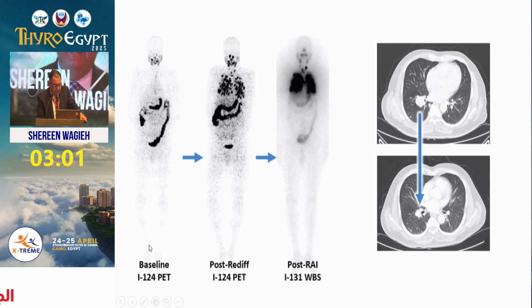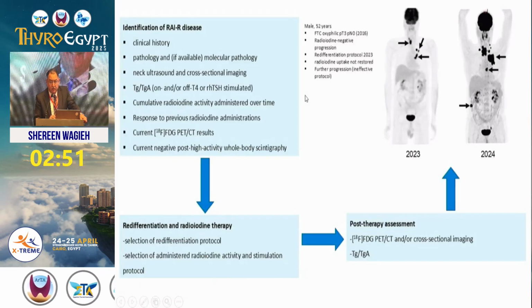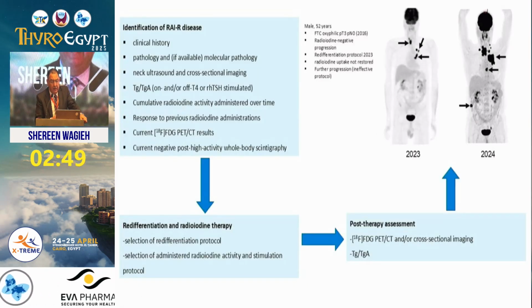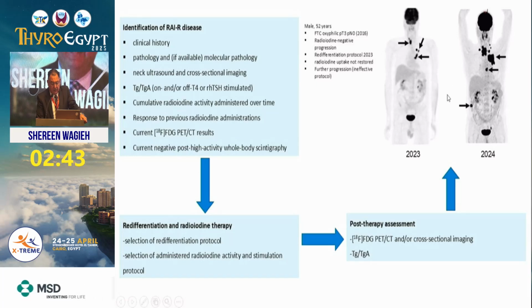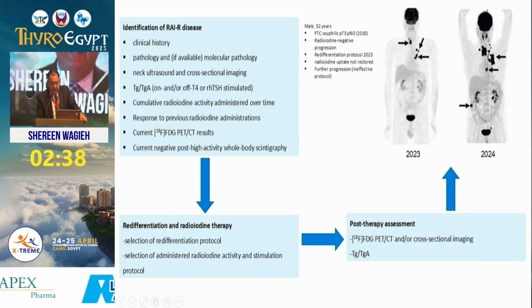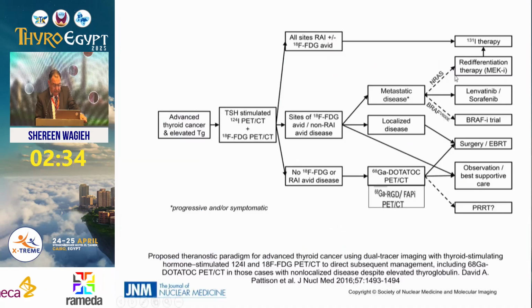Another patient with a baseline iodine whole body scan that was completely negative, and post redifferentiation therapy there is uptake in bilateral pulmonary deposits, with more intense tracer uptake on giving therapy. But this redifferentiation therapy is not always successful. The success rate ranges from 30% to 60%. This particular patient received redifferentiation therapy, but unfortunately there is an increase in the size of the lesion and intense tracer uptake in FDG, with the radioactive iodine scan still negative.